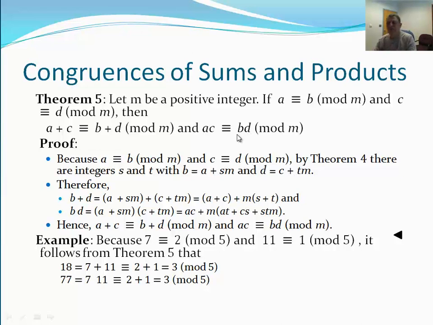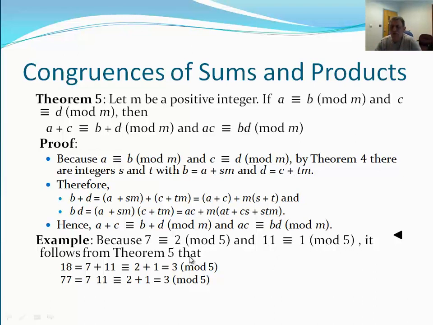Meaning they still generate the same remainder. Let's take a look at an example here. For example, say 7 is congruent to 2 mod m. That means 7 and 2, and 11 is congruent to 1 mod m.